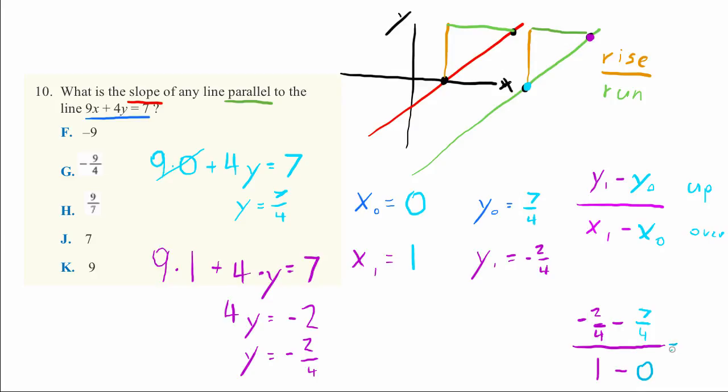If we solve for this equation, 1 minus 0 on the bottom is just going to be equal to 1. Negative 2 over 4 minus 7 over 4 is going to be equal to negative 9 divided by 4. And if we remember, any number divided by 1 is just the number itself. So negative 9 over 4 is the slope of this line here. And as we just proved before, it's also the slope of any line that's parallel. And it's the correct answer here, G.